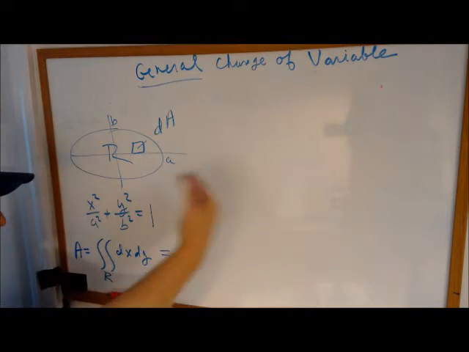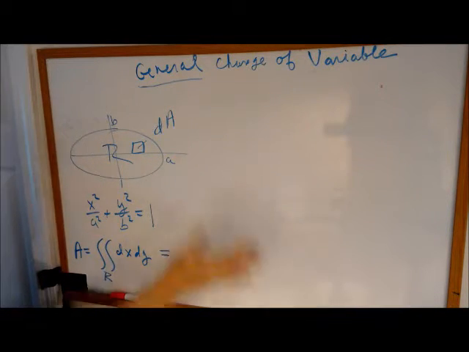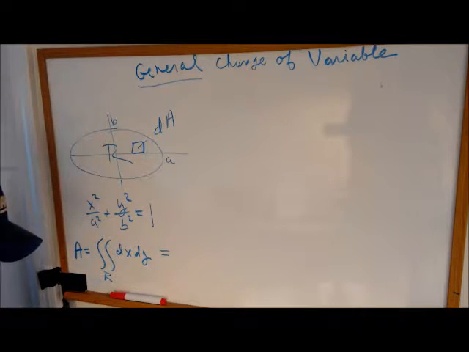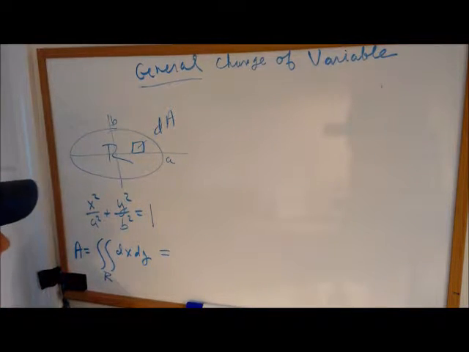So what works? Well, let's say what doesn't work. Polar coordinates won't do anything for this, and cylindrical and spherical don't apply because this is in the plane. So we have to invent a transformation that will work. Well, this one's really simple.